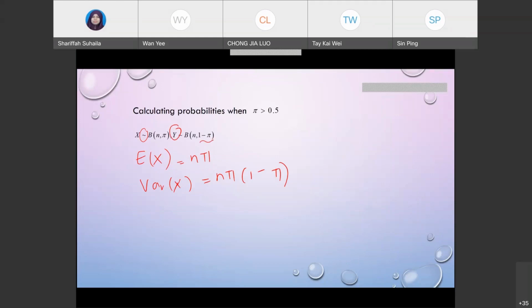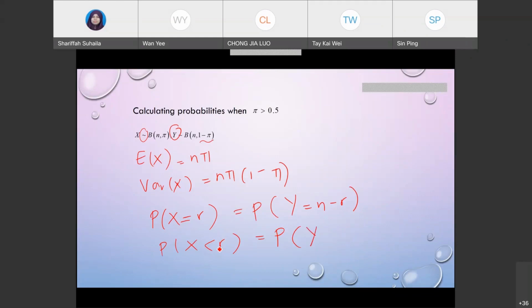You can refer to your list of formula. If you want to find probability X equals r, that means you change to Y equals n minus r.